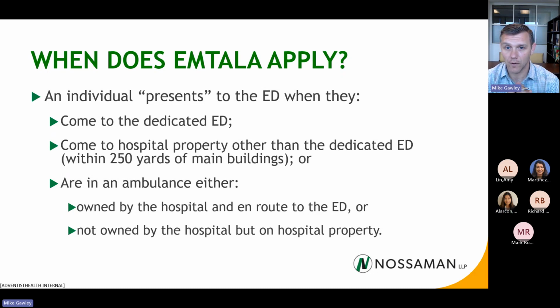And they've included a very helpful objective 250-yard radius of the main buildings as the boundary. EMTALA is also going to apply if the patient's in an ambulance that is either owned by the hospital and on its way to the emergency room, or not owned by the hospital but on hospital property. So if a patient is in any one of these situations, the law is going to say they presented to the emergency room.